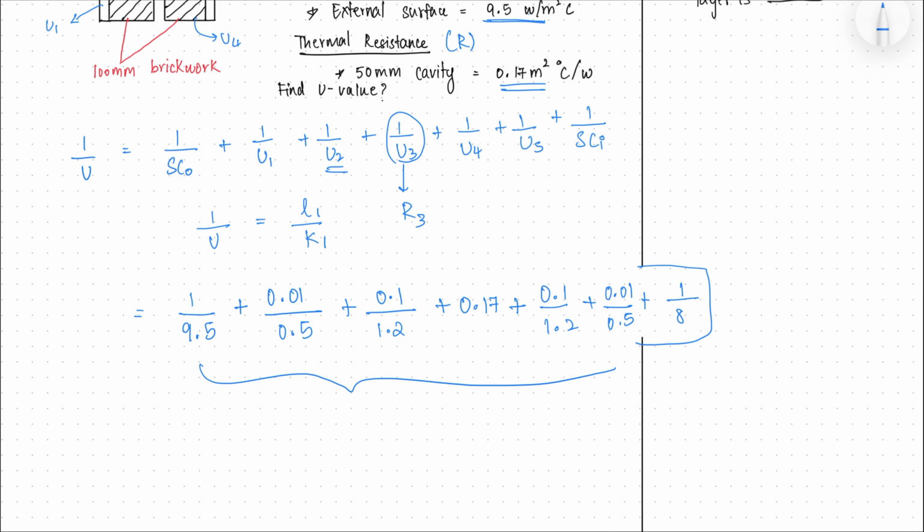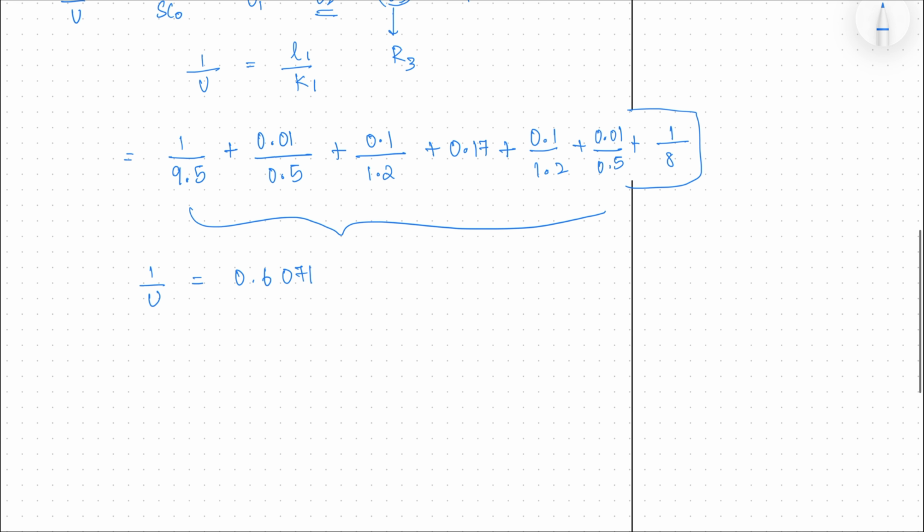Now let's find the answer for this. When you add everything, you'll get your 1 by U to be 0.6071, and then you have to find the U value.